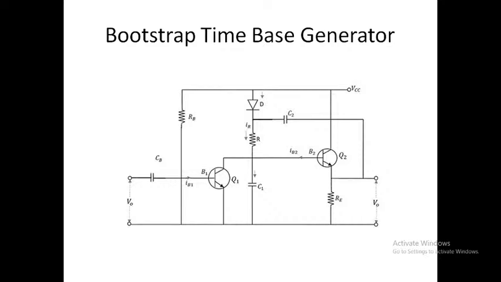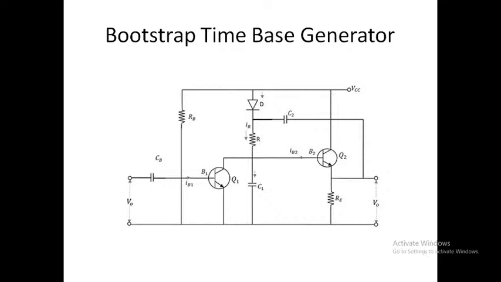When the transistor Q1 is on and Q2 is off, the capacitor C2 will be charged to VCC through the diode and the output will be 0.